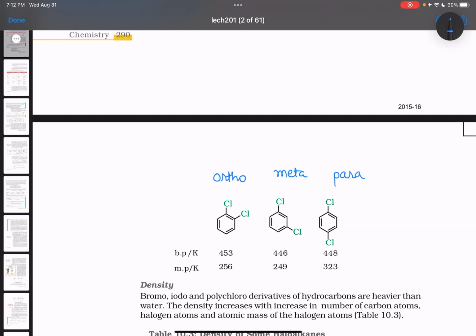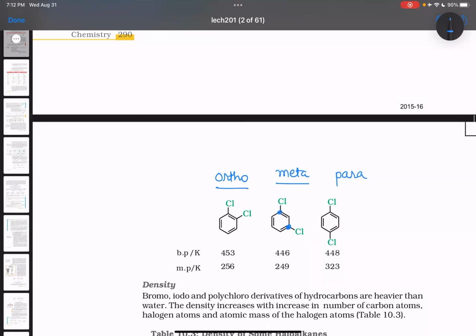If on the benzene two groups are exactly opposite, they are para. If two groups are adjacent, they are ortho. And if two groups are at the first and third carbon, then it is meta. These are the common names. The IUPAC names are 1,2-dichlorobenzene, 1,3-dichlorobenzene, and 1,4-dichlorobenzene.